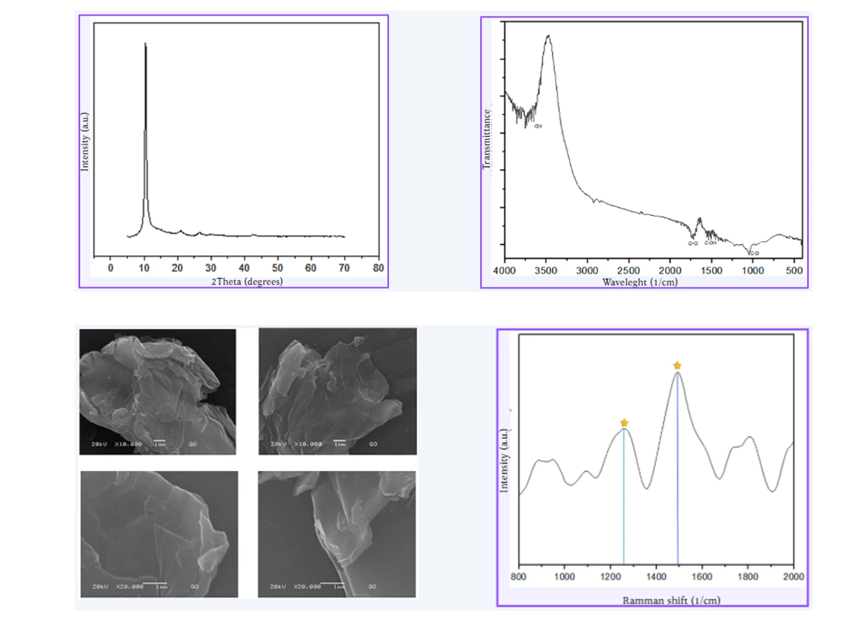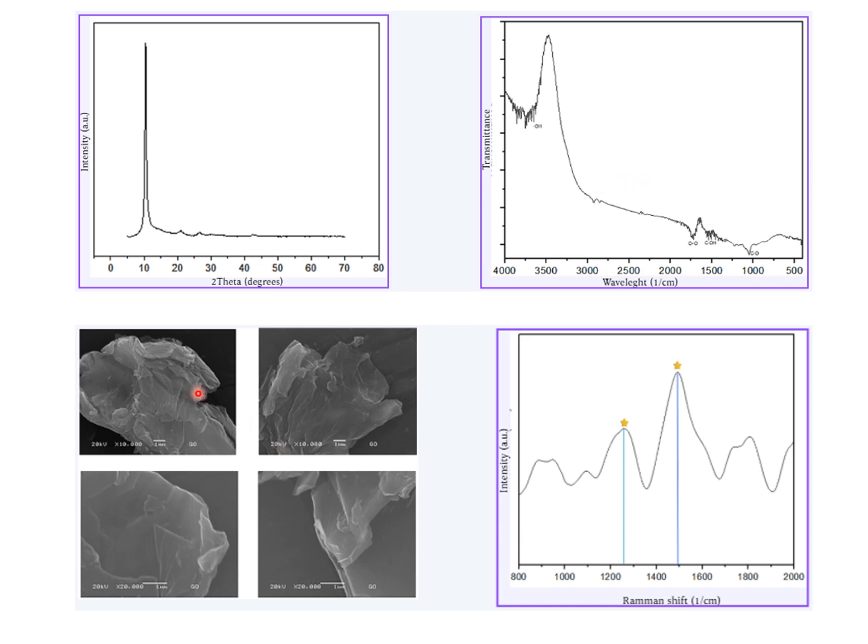In the case of the graphene oxide, the main diffraction peak is identified at 10.8 degrees theta. Likewise, with FTIR, the functional groups such as carbonyl and hydroxyl are identified.